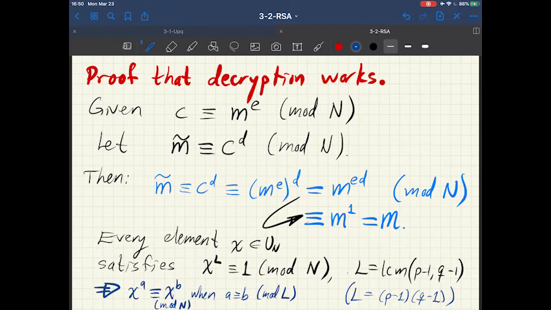So the congruences mod n are respected by changing the exponents. If you change the exponents modulo L, then the congruence modulo n of the powers are respected. And that is the end of the proof that RSA works.